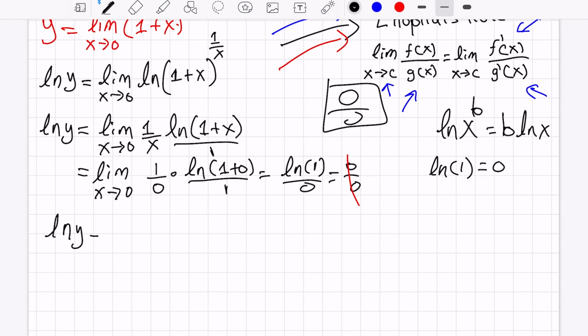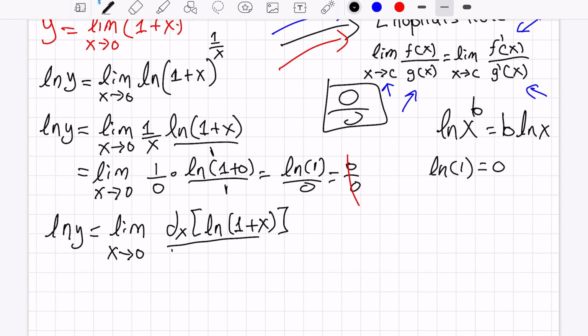So we have ln of y equal to the limit as x approaches 0 of the derivative with respect to x of ln(1 + x), over the derivative with respect to x of x.